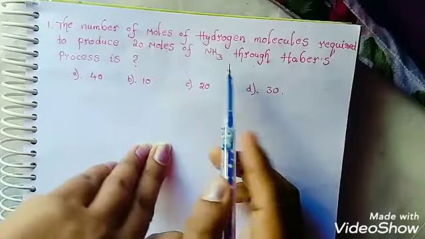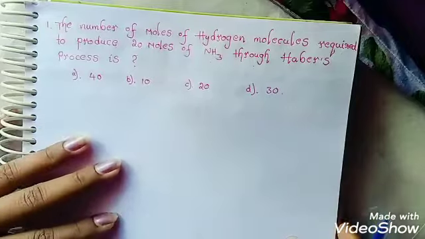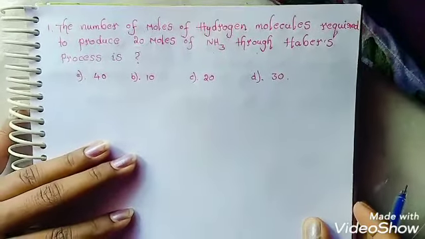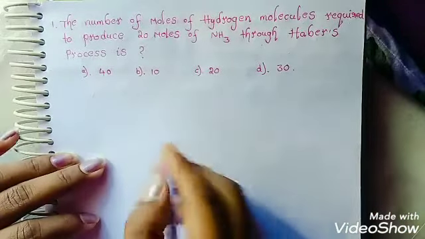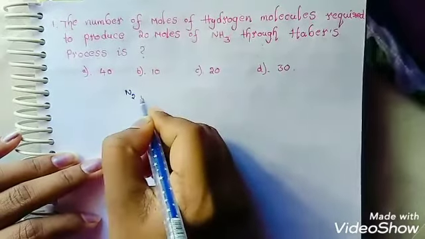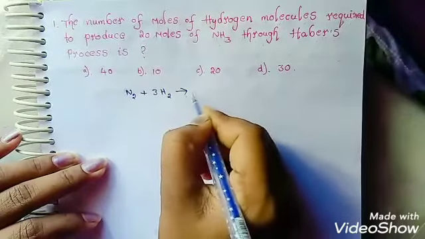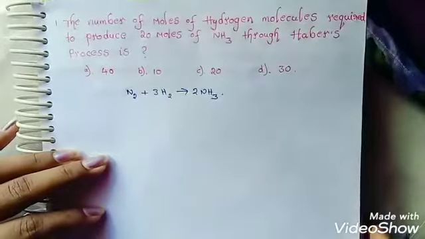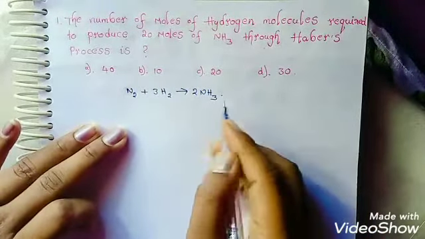Haber's process means the preparation of ammonia by using nitrogen and hydrogen. The basic equation for Haber's process is N2 plus 3H2 gives 2NH3.